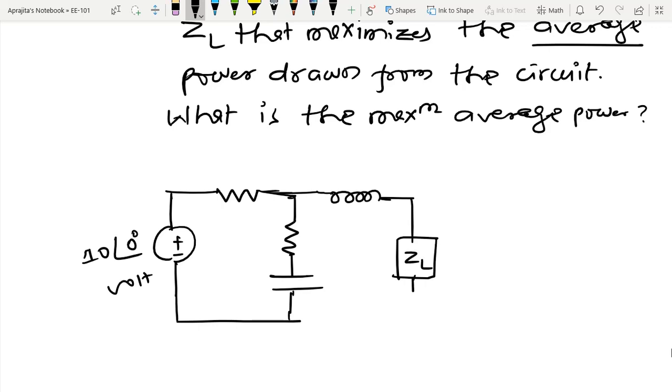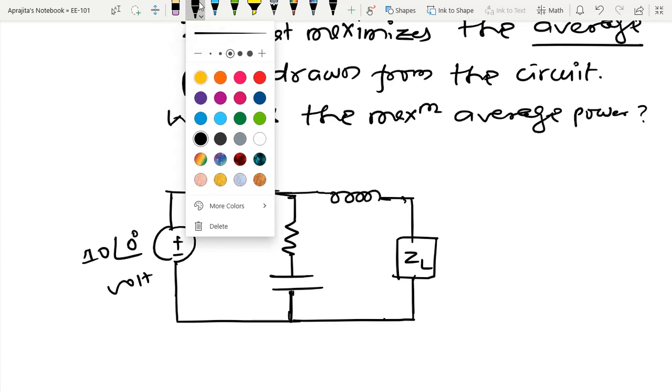Now I have to adjust this ZL in order to draw the maximum power from this particular network.